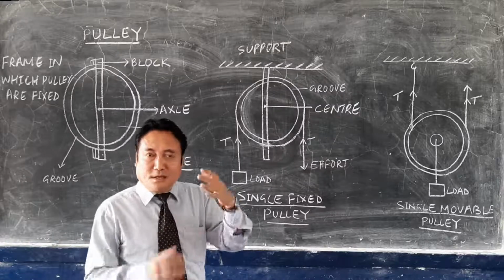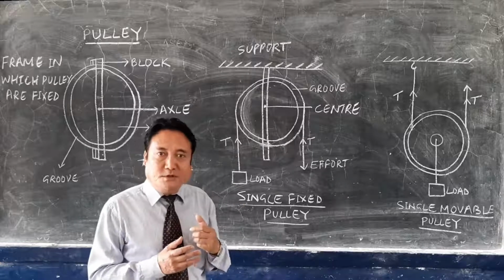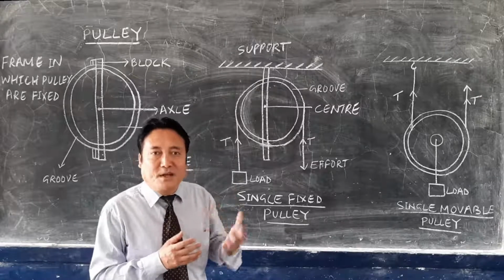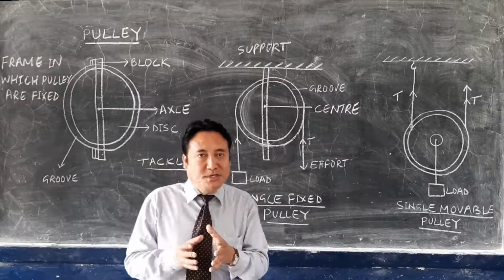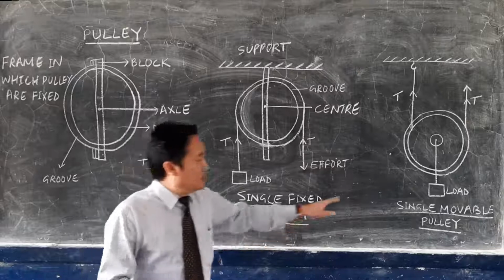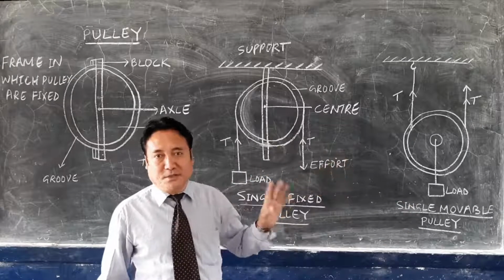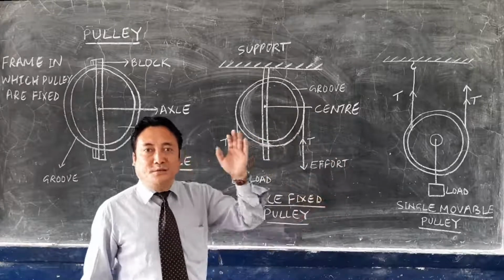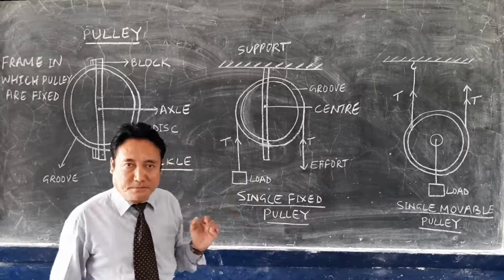Combination of pulleys means that there are fixed pulleys as well as movable pulleys, so both pulleys are combined. So to do mechanical work, we use 3 types of pulleys: a single fixed pulley, a single movable pulley, and the combination of pulleys. In the combination of pulleys, 2 types of pulleys are used: a fixed pulley and a movable pulley.